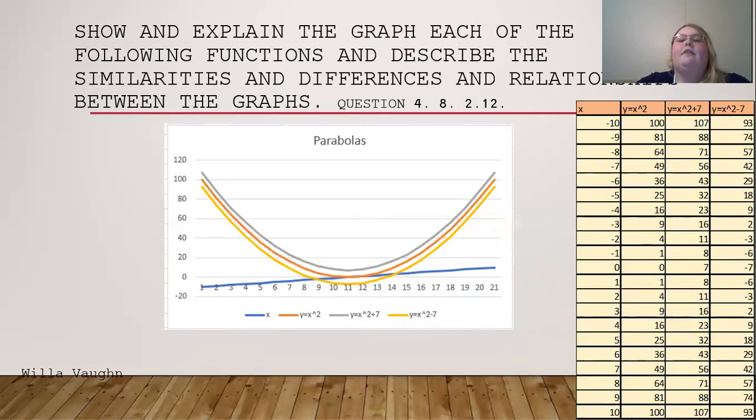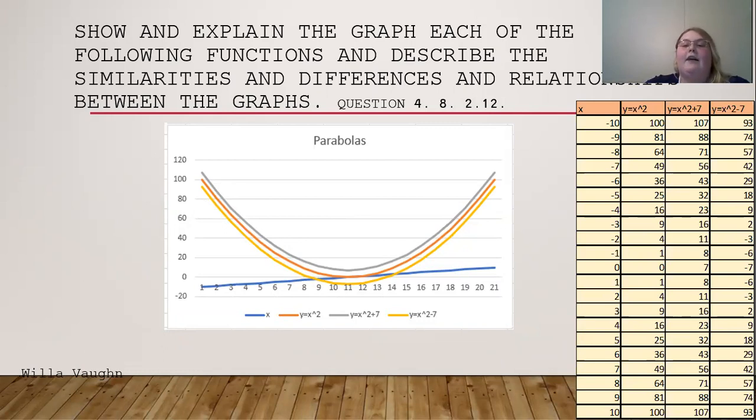You take those numbers that you just randomly got, and you put that in your x. So y equals -10 squared, you'd get 100. So that's how you get your points, because you're taking those randomly generated numbers and you're putting it in your equation to get the points.